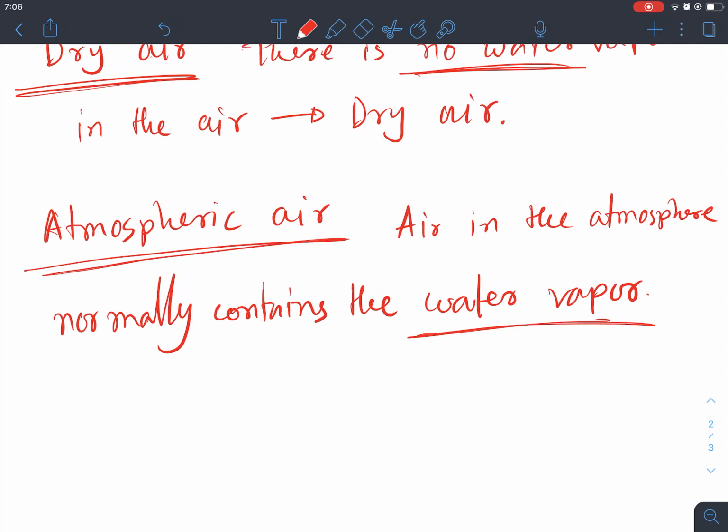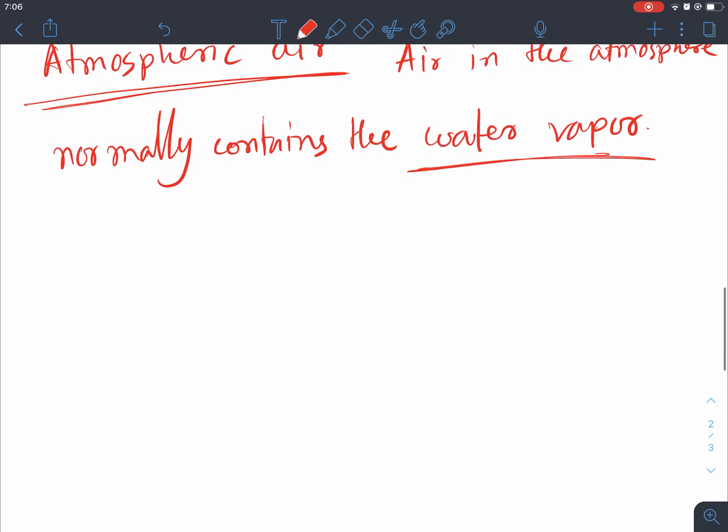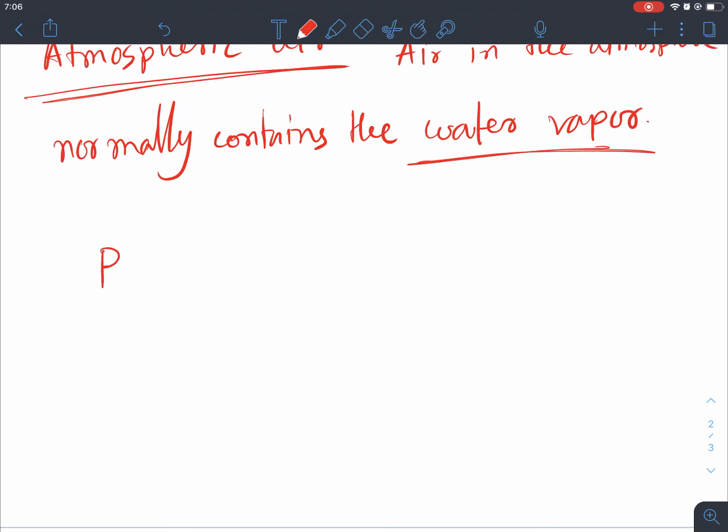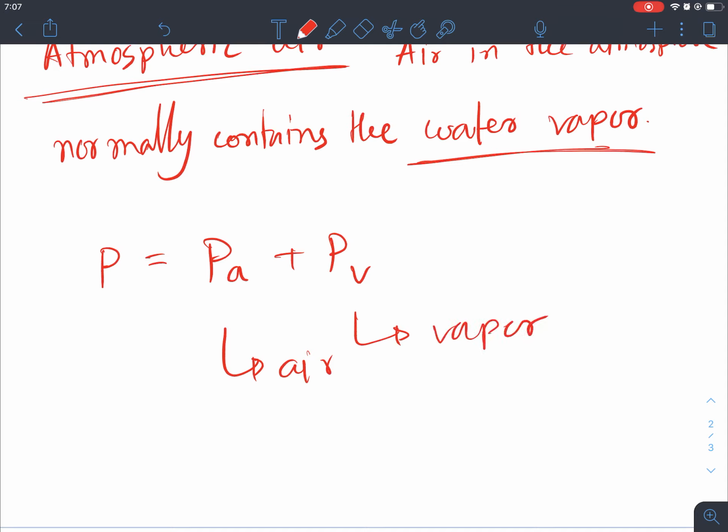So basically in the atmospheric air, the definition of total pressure would be the pressure of the air plus the pressure of the water vapor, right? So this is air and this is vapor.